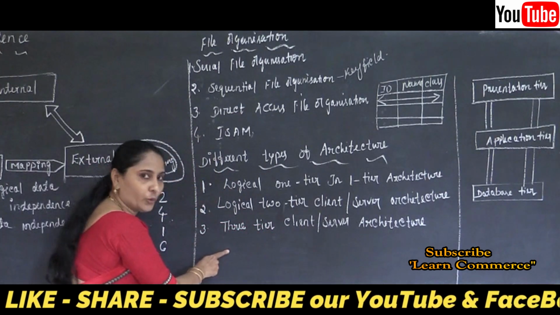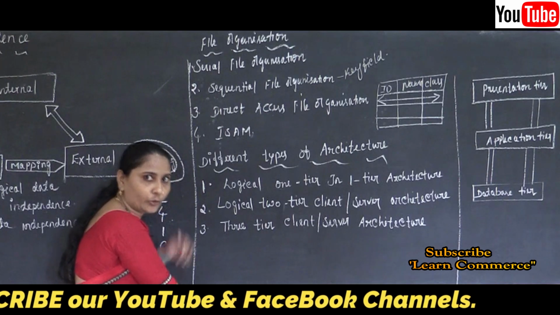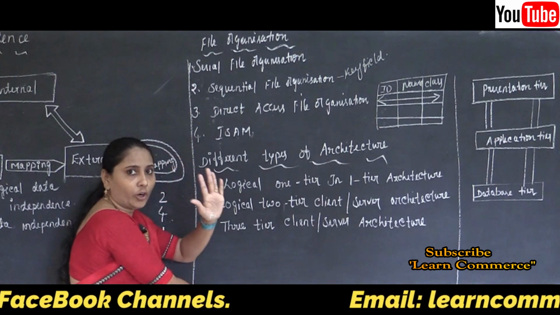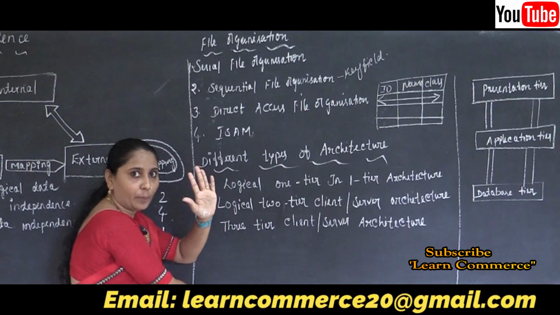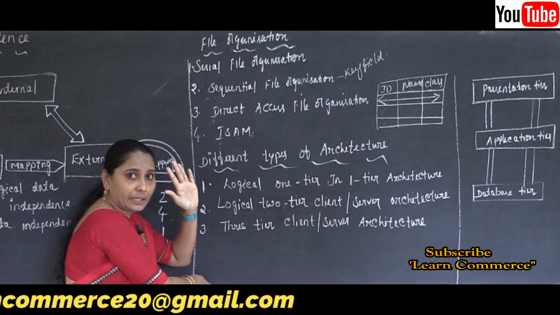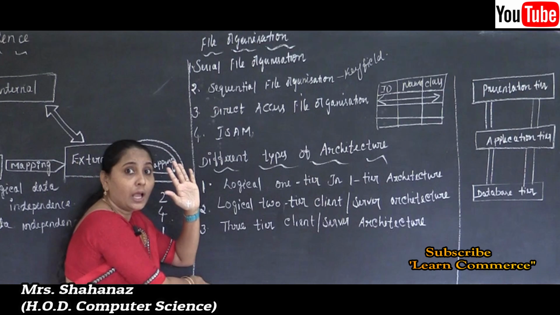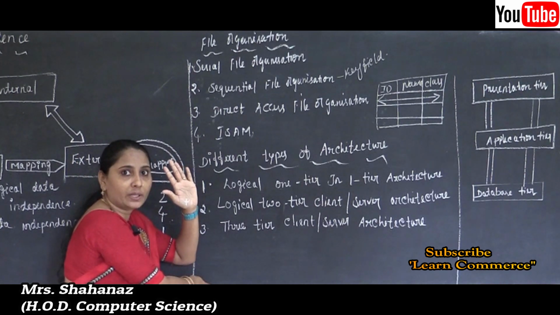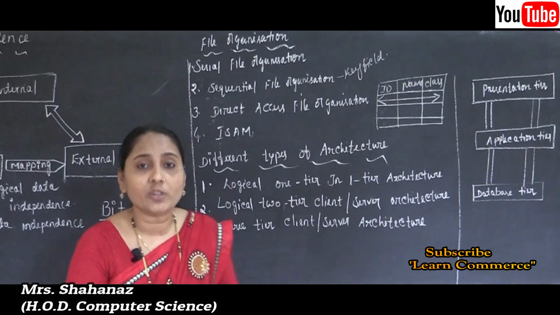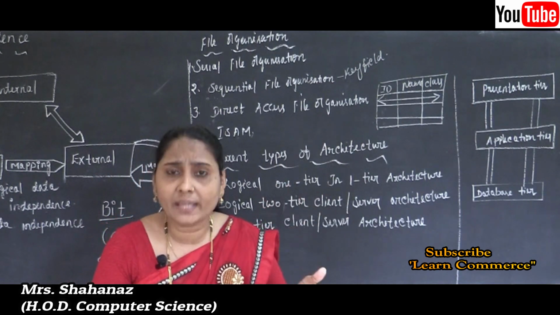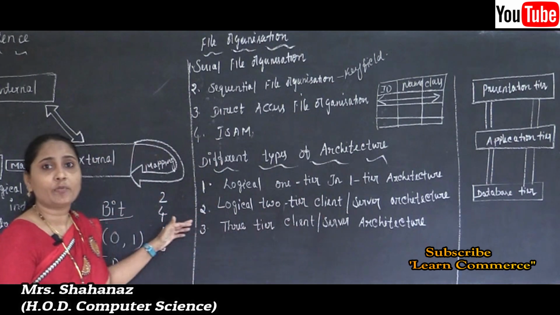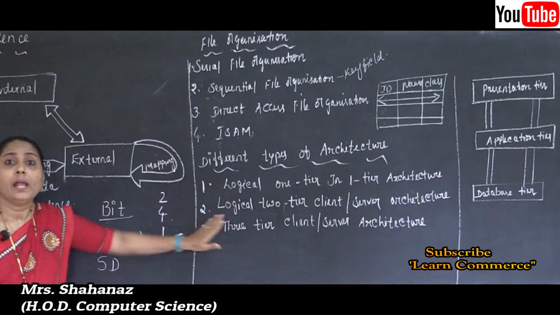Maybe 1, 2, 3, 4, 5, total 5 records. It's not possible to access record number 4 directly. If you want to access the record, the computer must read all those records in sequence, one after another, from the beginning.